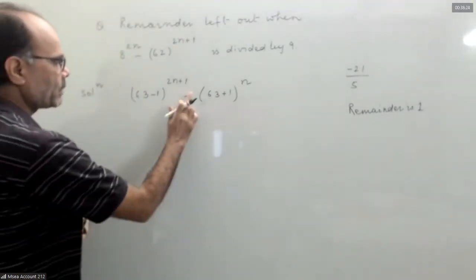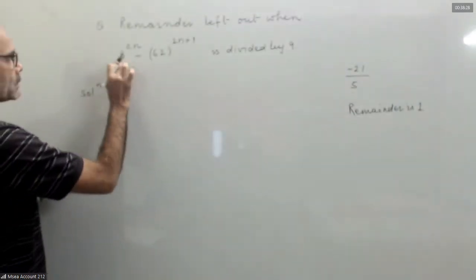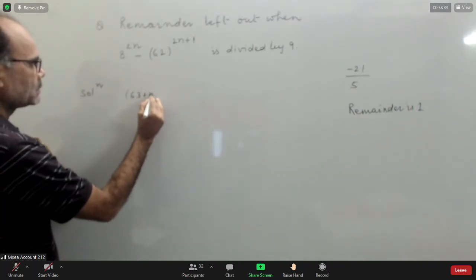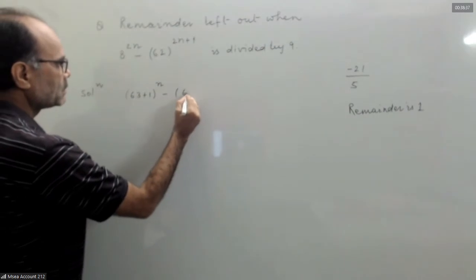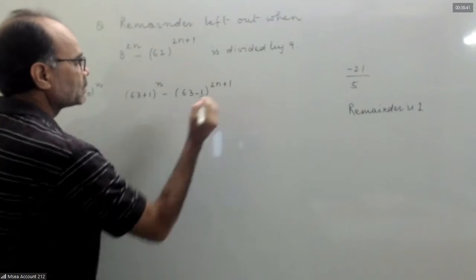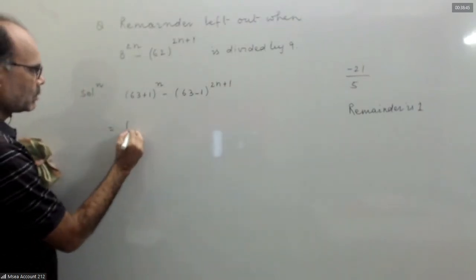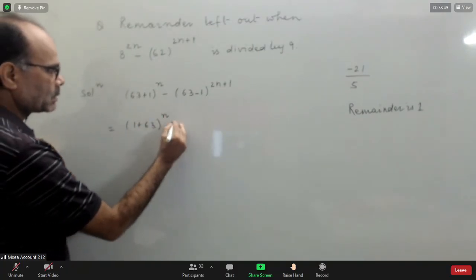Wait 1 minute. 64, 63 plus 1 to the power n minus 1 plus 63 to the power n.